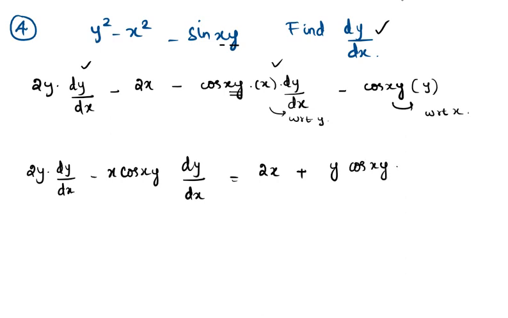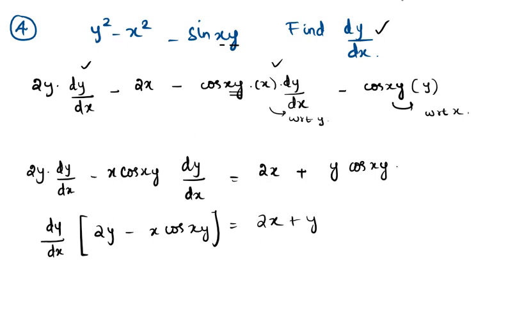Since our aim is to find dy by dx, let us write dy by dx into 2y minus x cos xy is equal to 2x plus y cos xy.